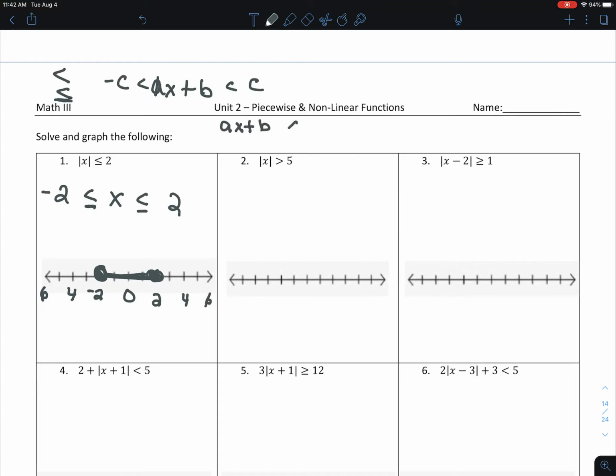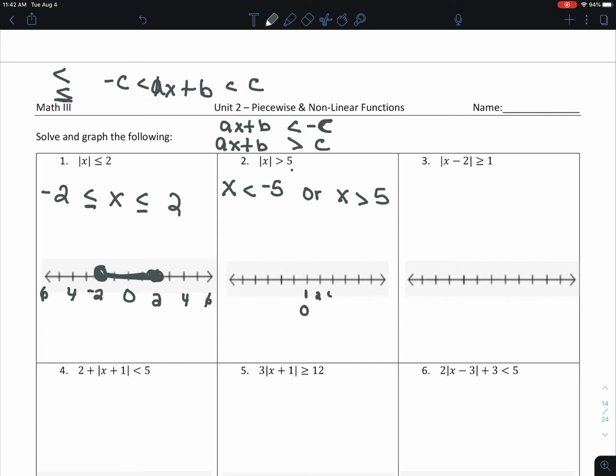Greater than 5. It's greater than, so we're going to have ax plus b is less than negative c, or ax plus b is greater than c. Since this is a greater than, let me erase that because it's not greater than or equal to, it's just greater than, then we're going to write this as x, what's inside the absolute value, x is less than negative 5, or x is greater than 5.